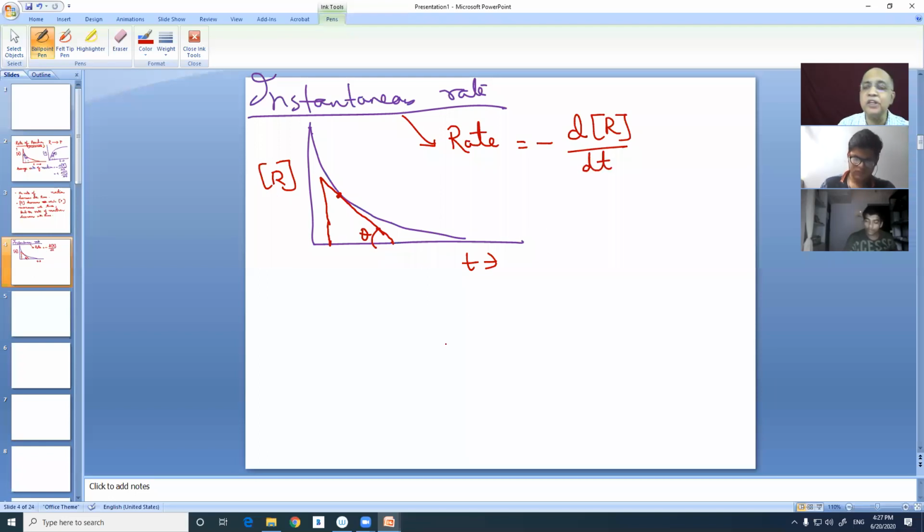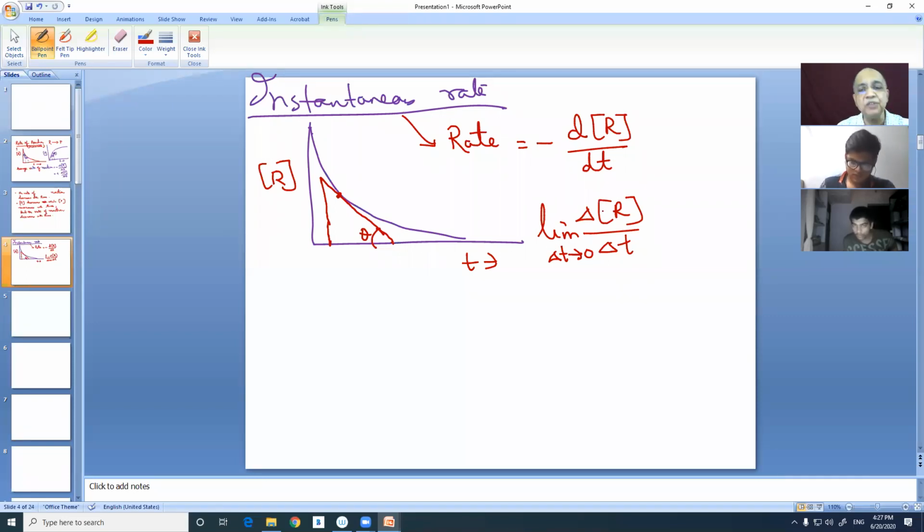I need not have to explain this because this is nothing but delta R by delta T, limit delta T tends to 0. Of course, minus sign is there already.